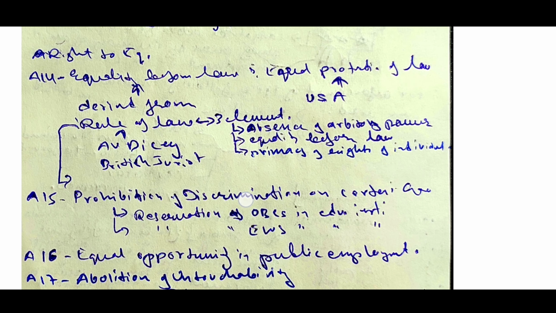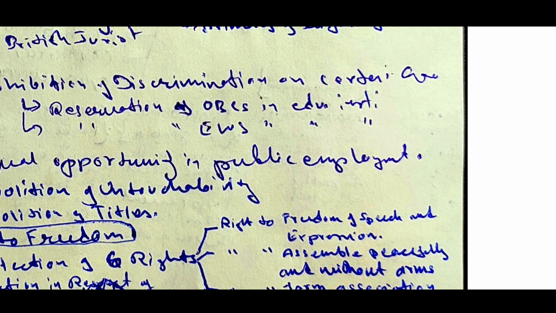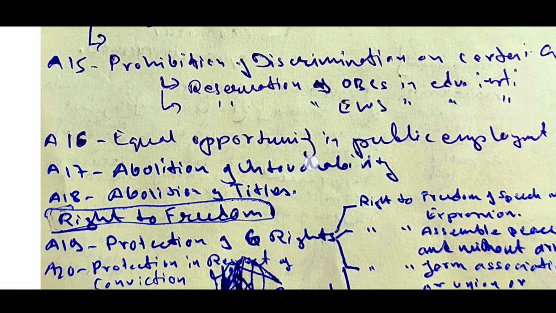So anyways, we're now going to talk about Article 15, which is the provision on discrimination on certain grounds. Okay, and the state cannot discriminate against any citizen on the ground of religion, race, caste, sex, etc. And under this there are 2 provisions given: reservation for weaker sections and backward classes, like reservation of OBCs in educational institutions, and reservation of the EWS, economically weaker sections, in educational institutions.